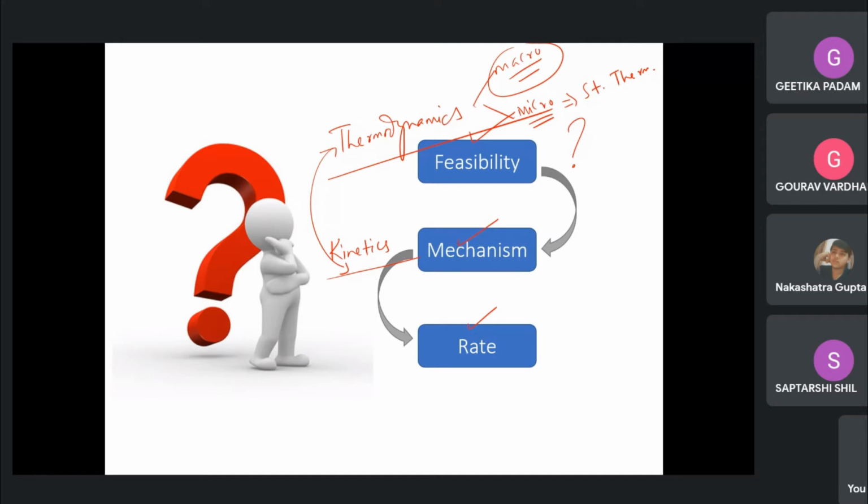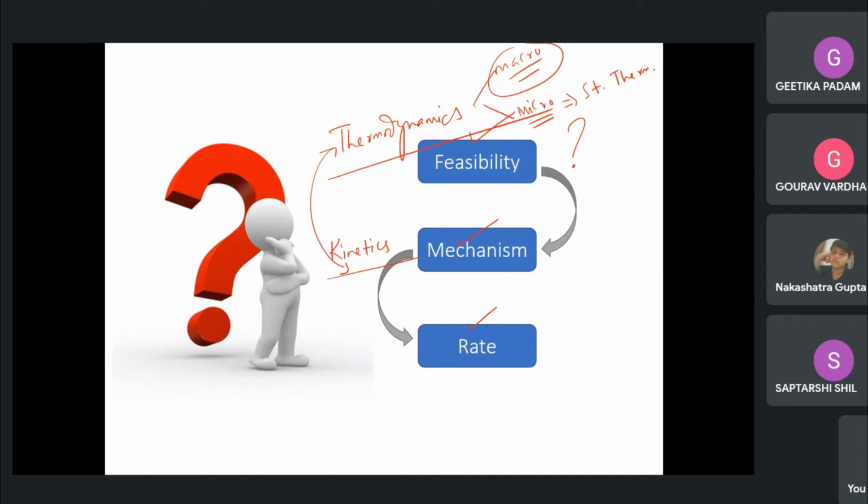They complement each other. The limitations of thermodynamics are overcome by the advantages of kinetics. Combined, they give you the idea of feasibility as well as mechanism.